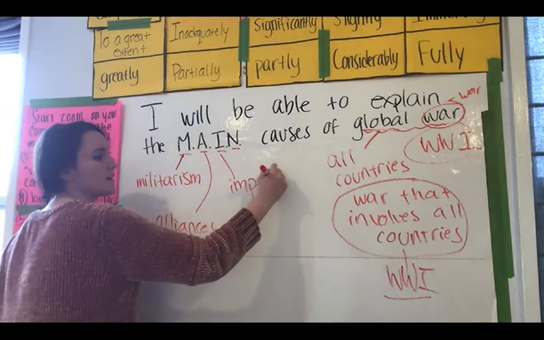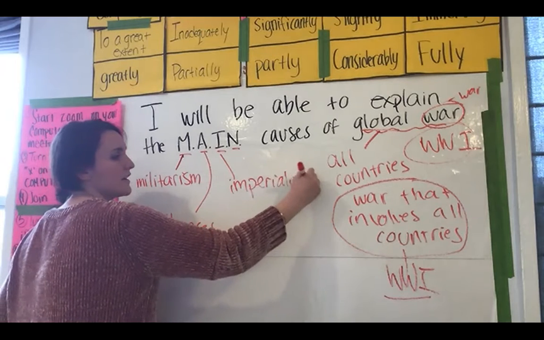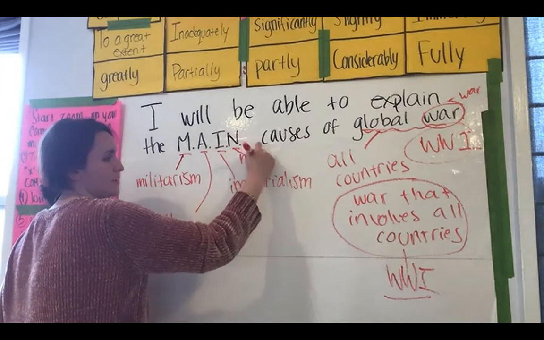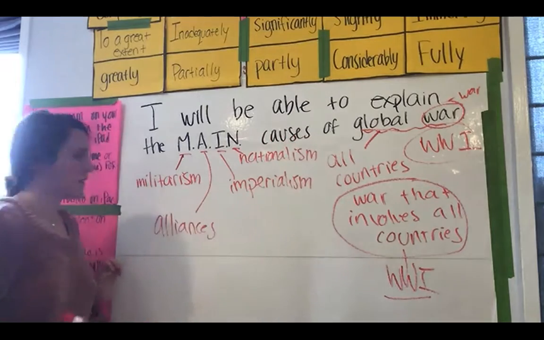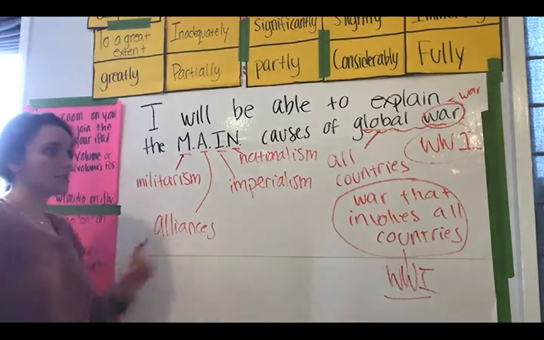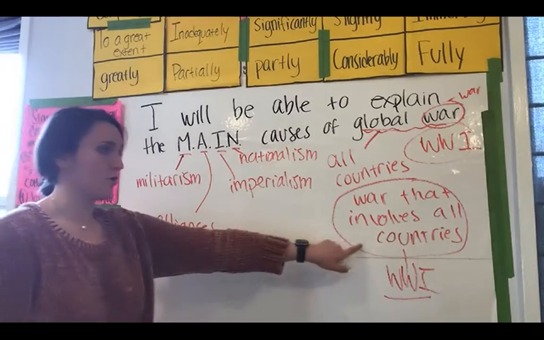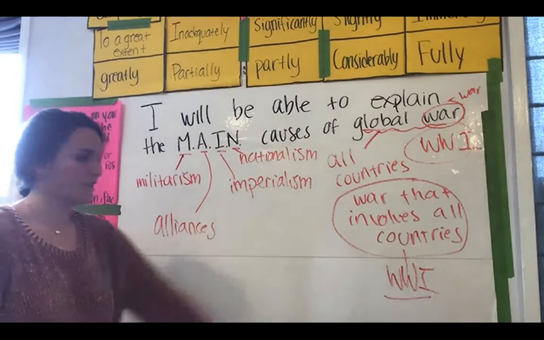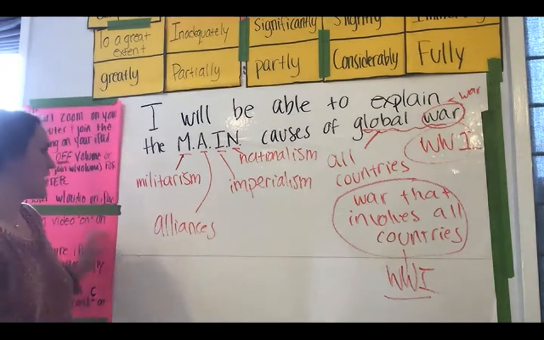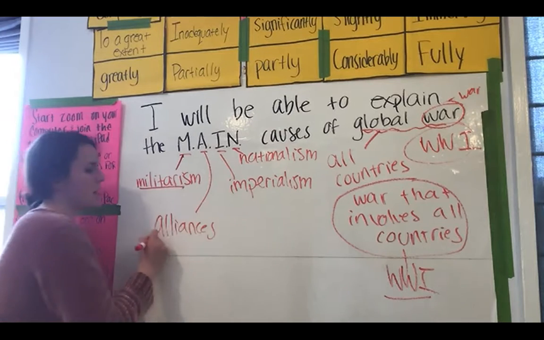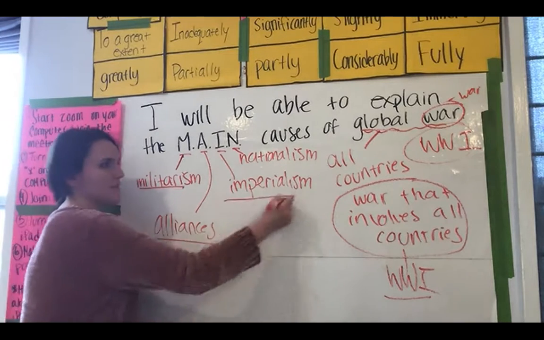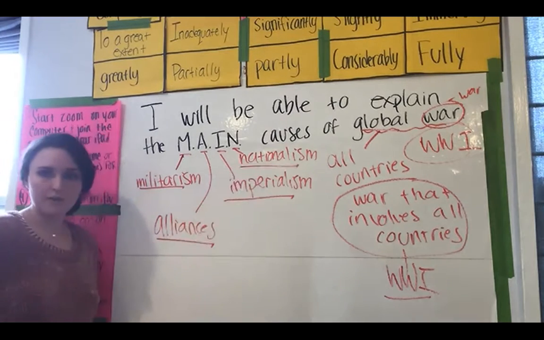Imperialism, that's the I. And finally, nationalism. Four main causes of global war, of war that involves all or many countries, like World War I. The four main causes of all global war are militarism, alliances, imperialism, nationalism.